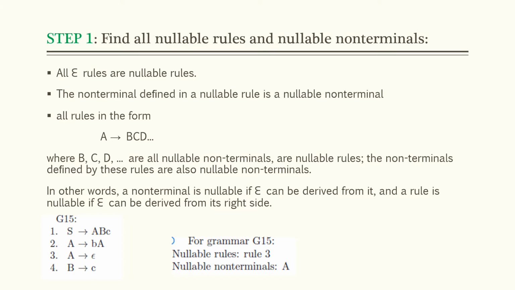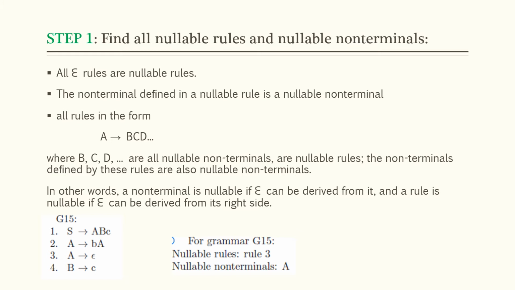And a rule is nullable if epsilon can be derived from its right hand side. If the right hand side of the rule contains epsilon, the rule is considered a nullable rule. So understand that: nullable rules and nullable non-terminals.